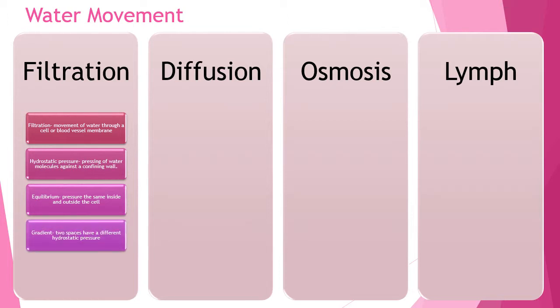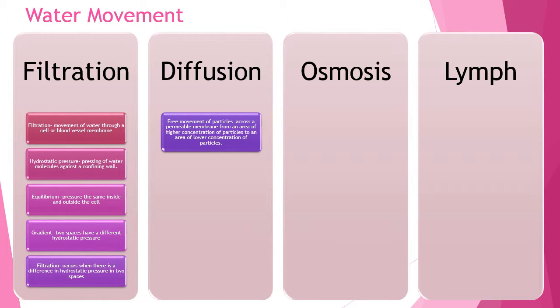When one space has a greater hydrostatic pressure than the surrounding space, a gradient is recognized. The body then attempts to equalize the two spaces by evening the hydrostatic pressure, resulting in filtration occurring and the movement of fluid permeating the membrane. Blood pressure is an example of a hydrostatic filtering force.